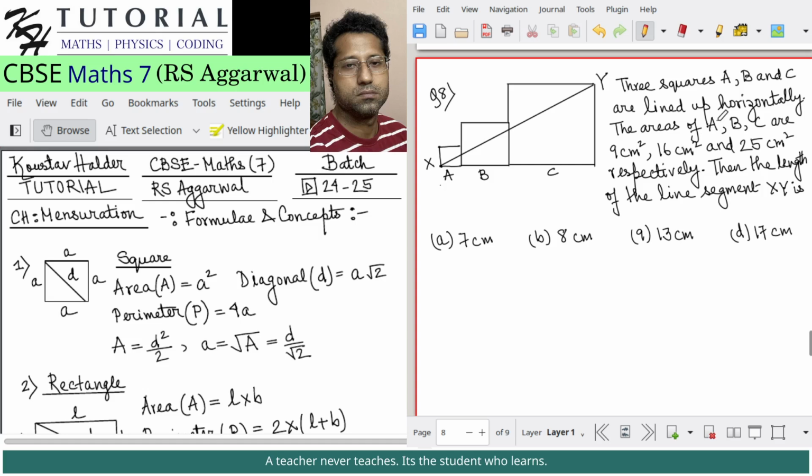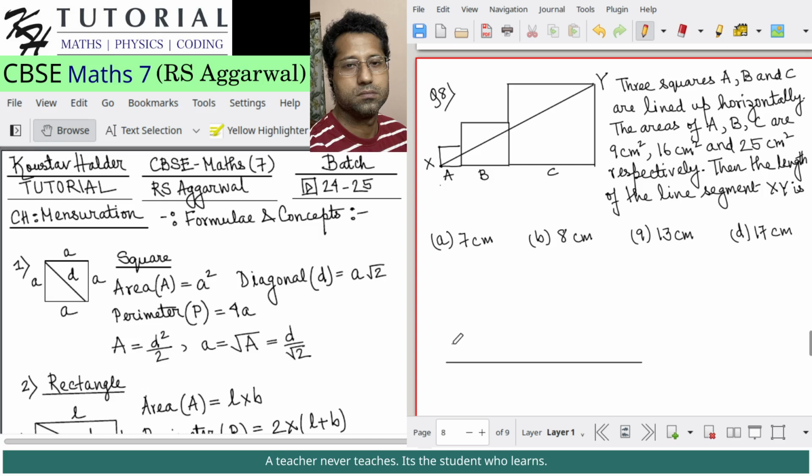Now let me draw it again. Basically, the bases of all the three squares are on the same line.